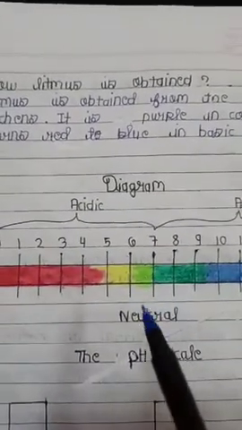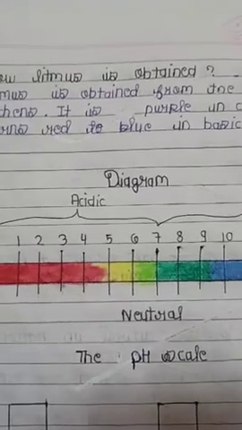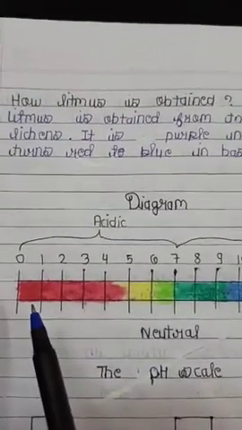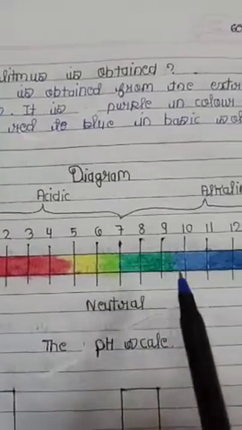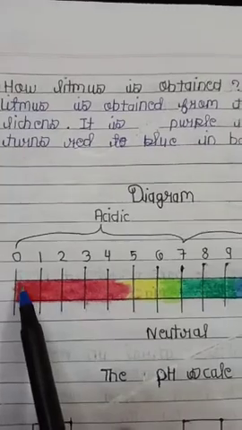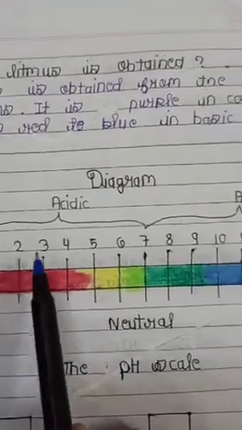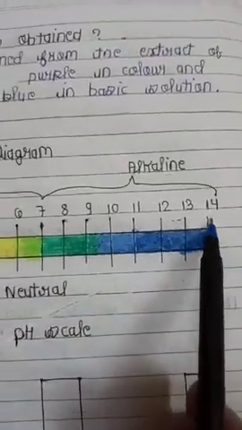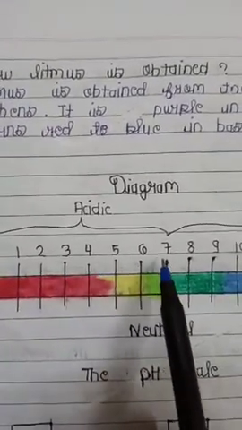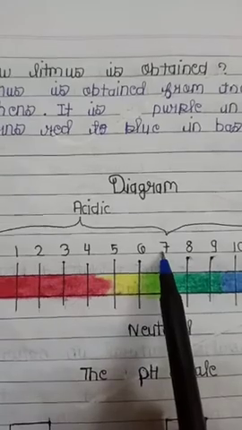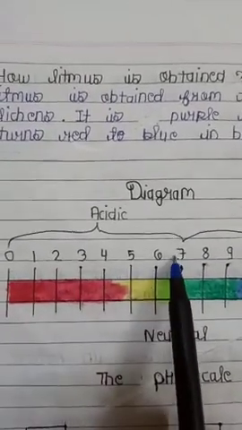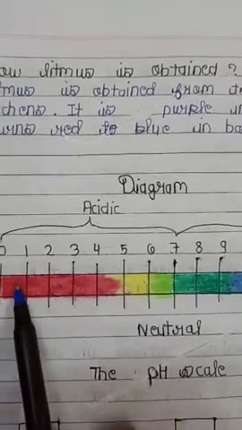I have shown you pH paper. In the same way, we can draw here a numbered scale starting from 0 to 14. From 0 to below 7, all are acids.